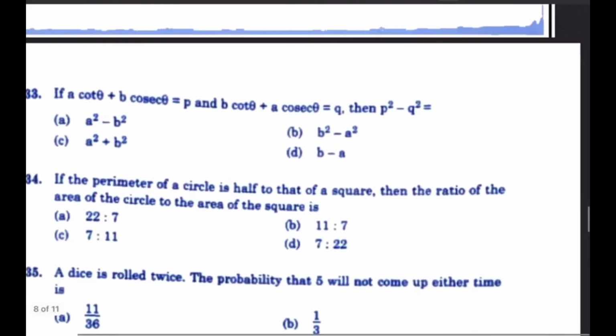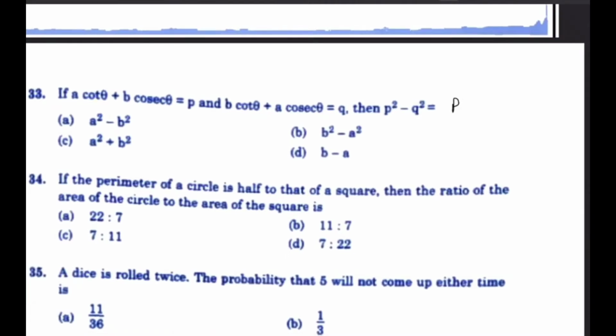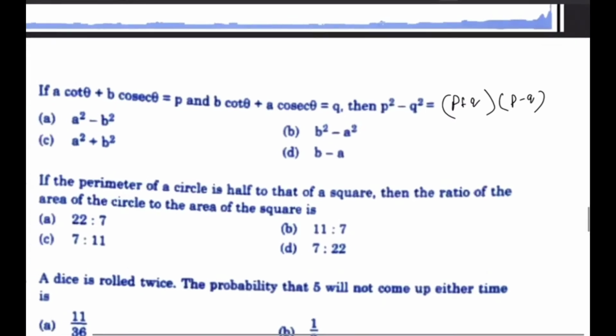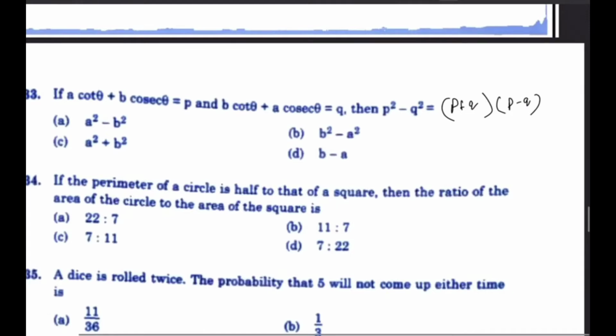A cot theta plus b cosec theta, we have b cot theta plus a cosec theta, we also have p square minus q square. Well, it is definitely p plus q times p minus q. And now p plus q is equal to a plus b cot theta plus a plus b cosec theta.